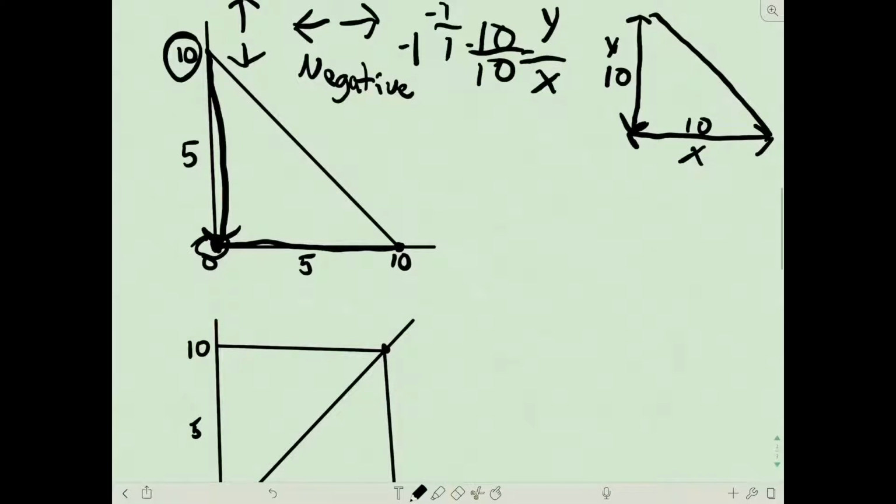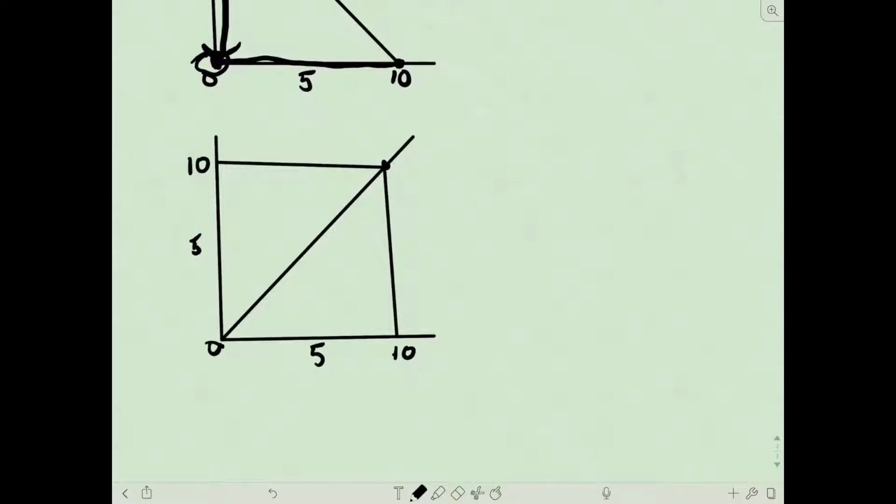So that's simple enough. Here we have something very similar. I'm going to look at the rise right here. It starts here, which is 0, and it goes all the way up to here, which is 10. So that one changes 10. And now we're going to look at the left to right change. It starts at 0, and it also goes all the way to 10. So that's 10 too.